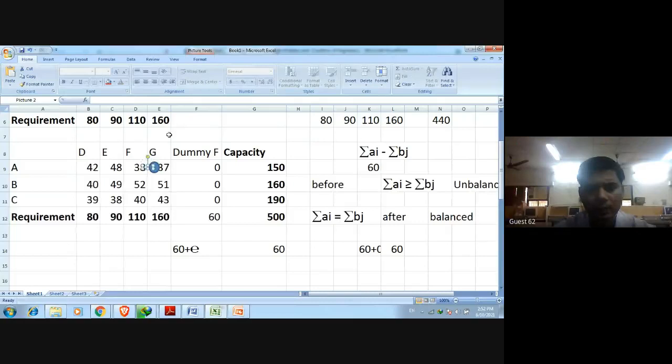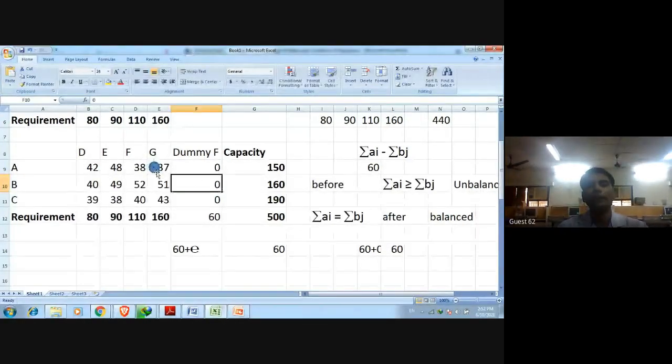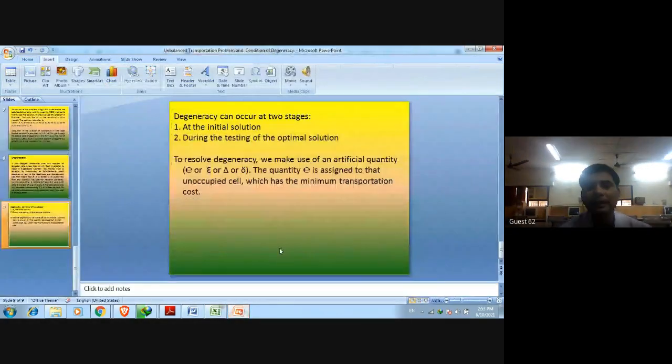I have allocated epsilon on this unoccupied cell. Remember one thing, you will allocate it only on a non-occupied cell which has minimum cost. Never allocate epsilon on an already allocated cell. So this is the condition. After allocating this, you will again solve the problem. So this is the condition of degeneracy.